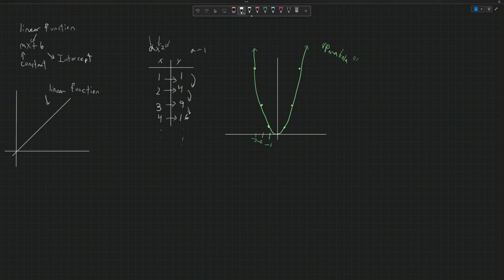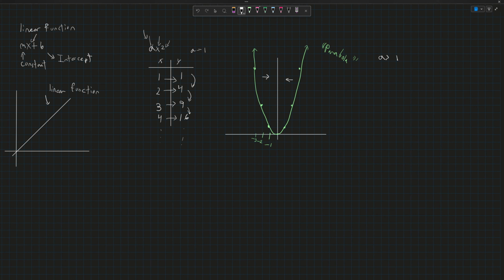What's really interesting is that this constant here, a, affects the parabola. Essentially, if the constant a is greater than 1, then this shrinks the parabola, or makes it skinnier, if that makes any sense.